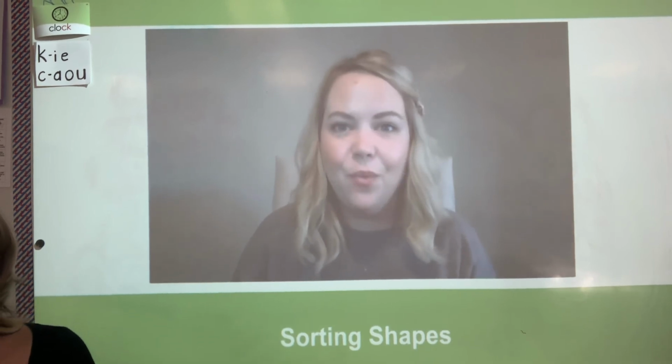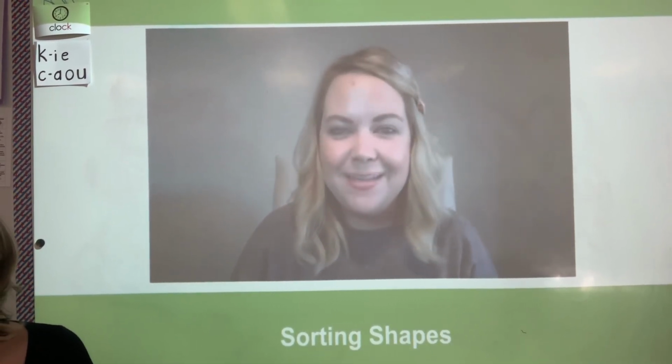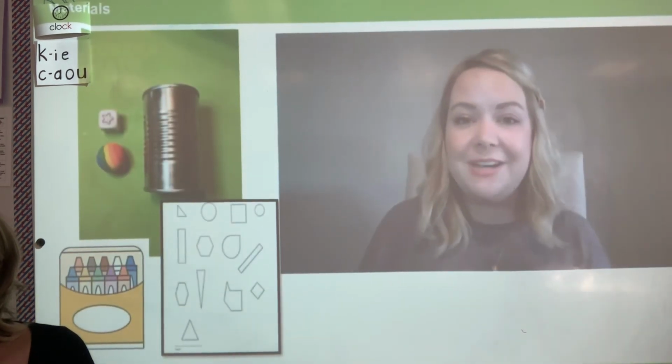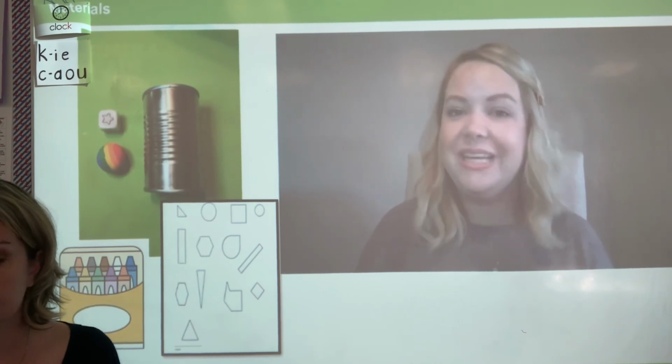Hi, friends, and welcome to today's lesson. My name is Mrs. Hawkins, and today we are going to be sorting shapes. So let's go ahead and get started. All the materials that you will need for the lesson today can be seen on the screen now.